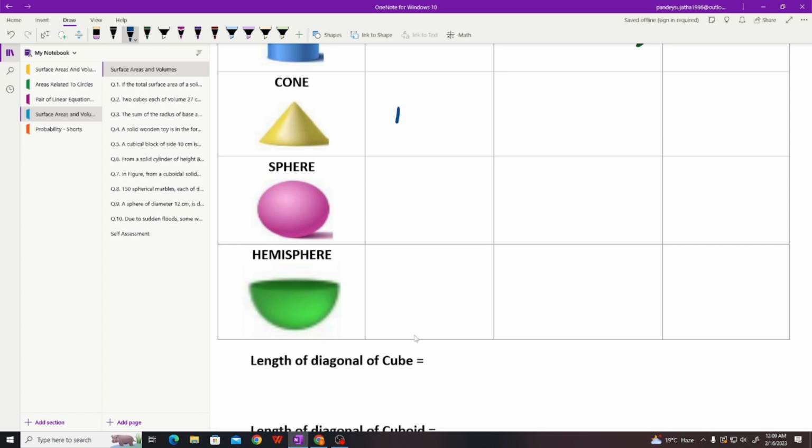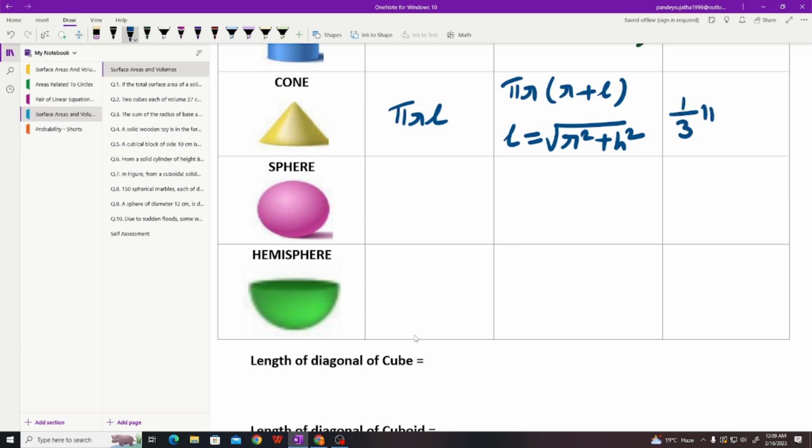The curved surface area of a cone is pi r l, and the total surface area of a cone is pi r into (r plus l), where l is the slant height, equal to root of r square plus h square, and the volume of a cone is 1 upon 3 pi r square h.